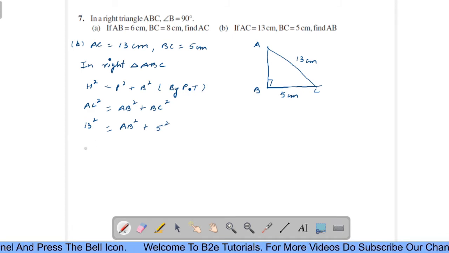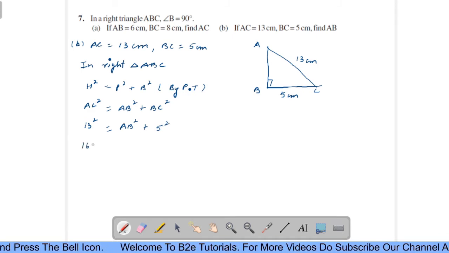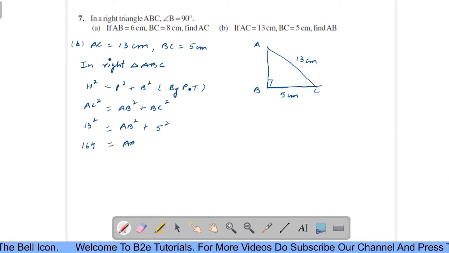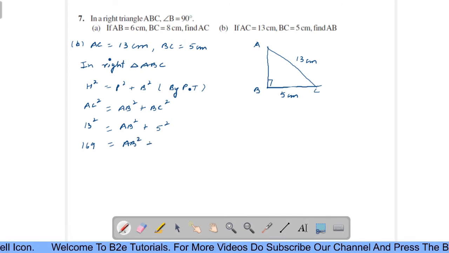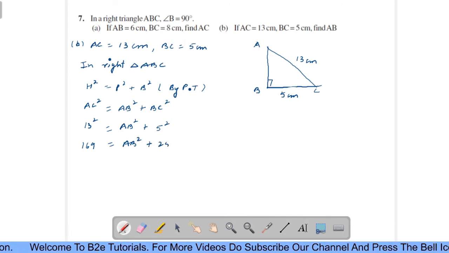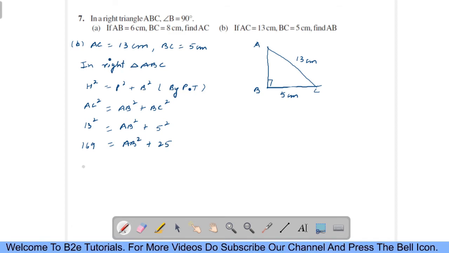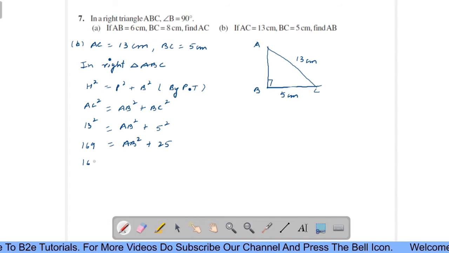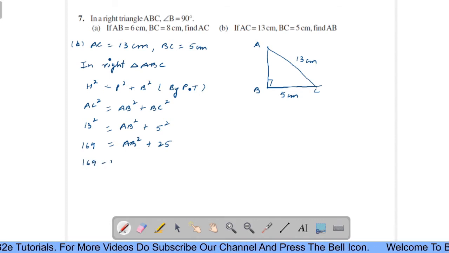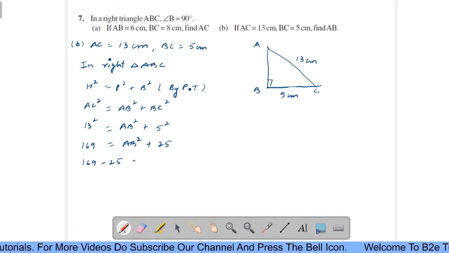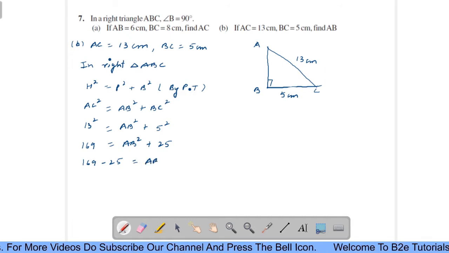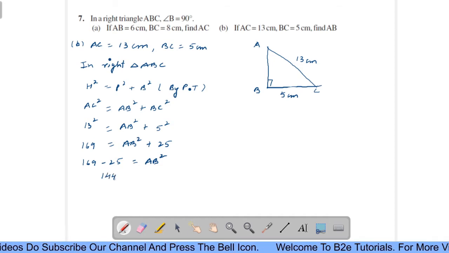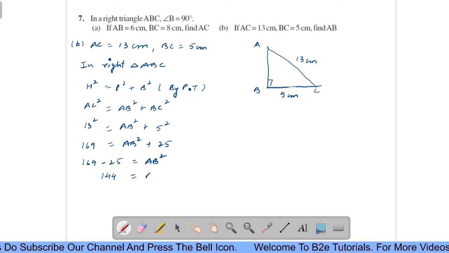What is the square of 13? It is 169 equals AB square plus square of 5. It is 25. Bring 25 on the left hand side. It will be 169 minus 25 equals AB square, or 144 equals AB square.